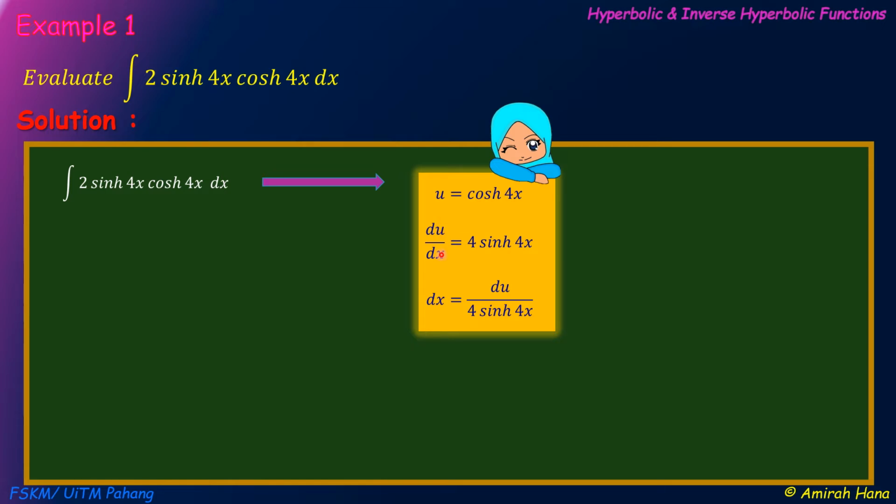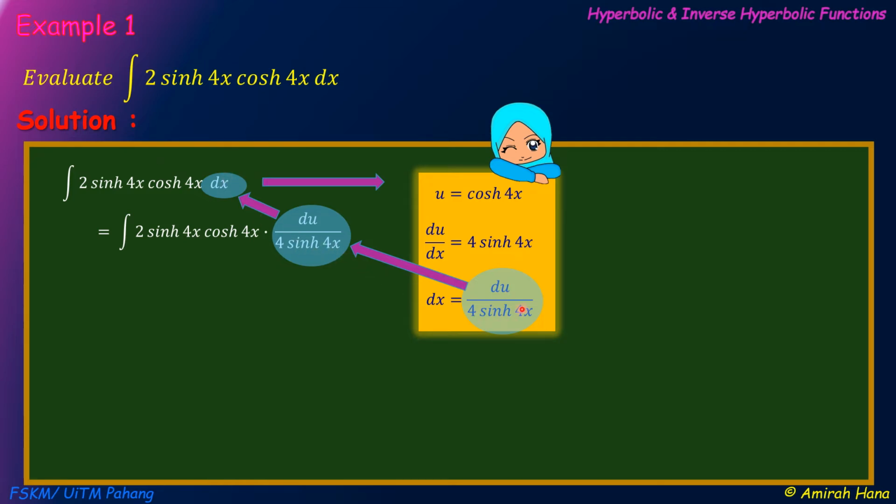So du over dx equals 4 sinh 4x. Then we write dx as the subject, so dx equals du over 4 sinh 4x. After that, we replace dx by du over 4 sinh 4x.